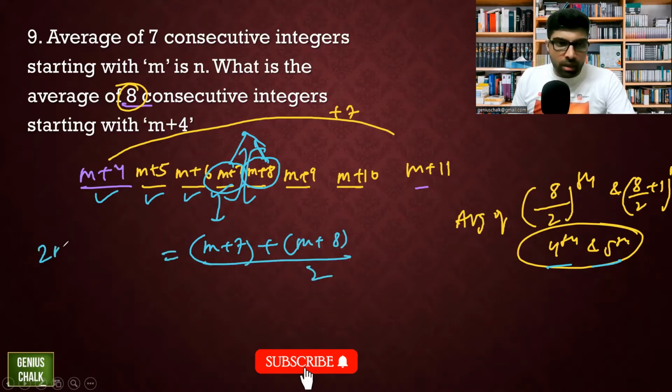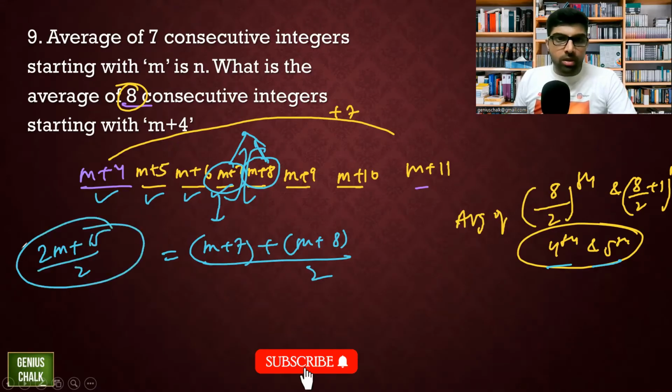Because the answer is needed in terms of this, that is 2M plus 15 by 2. And you know that earlier we have done this, that M plus 3 was N, right?